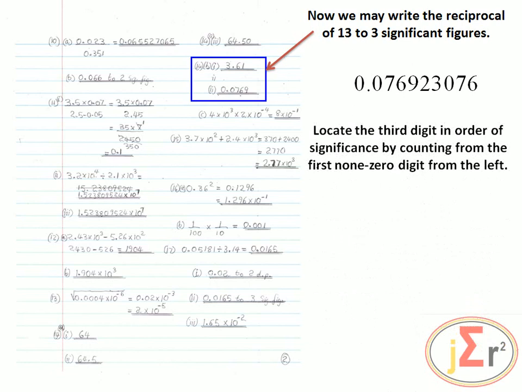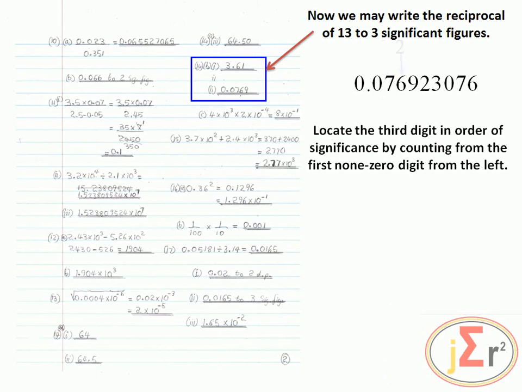Locate the third digit in order of significance by counting from the first non-zero digit from the left. So we will begin at the 1, which is the first significant digit, the first non-zero digit that is located at the left.